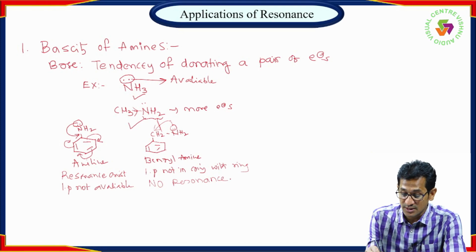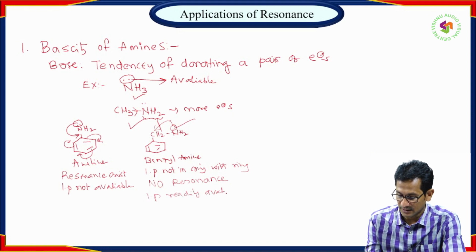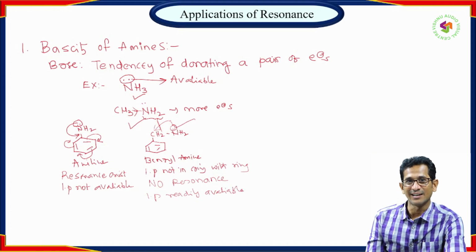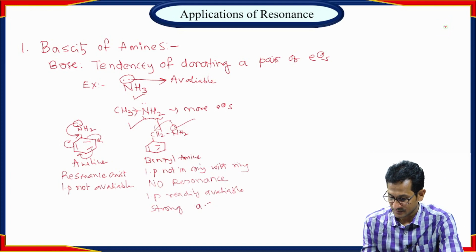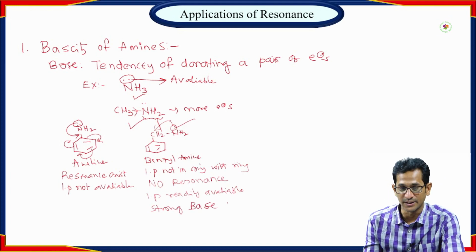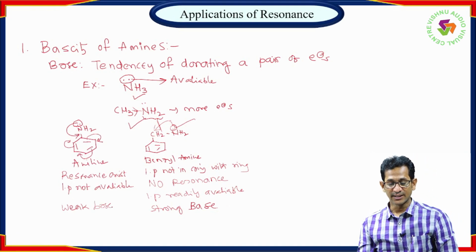Once there is no resonance, the lone pair is readily available. Therefore, it is a strong base, more basic in nature. This other one is a weak base. So like that we can correlate.